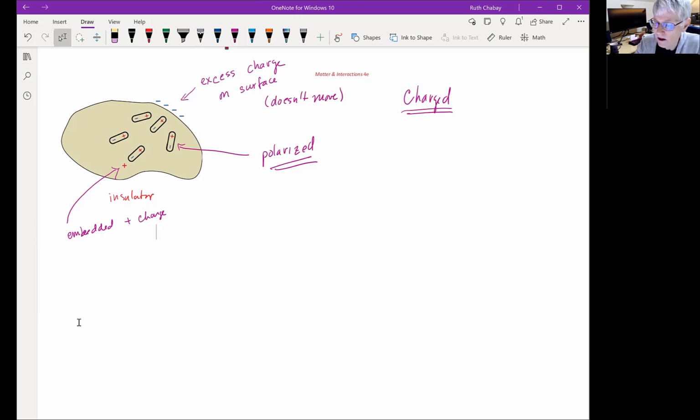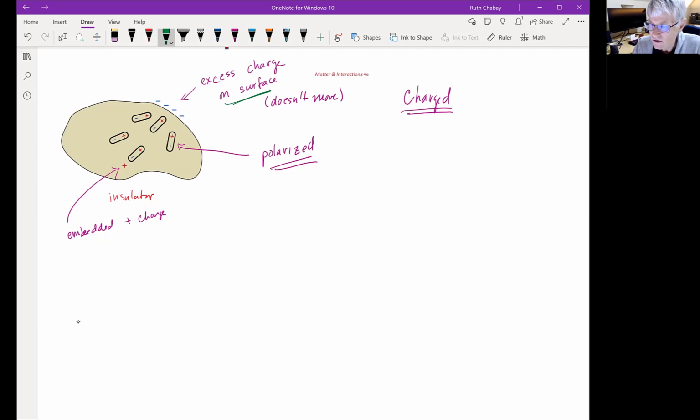One of our diagrammatic conventions is that anytime we're talking about charge on the surface, we draw it just outside the envelope of our object. This is supposed to indicate that it's sitting on the surface.